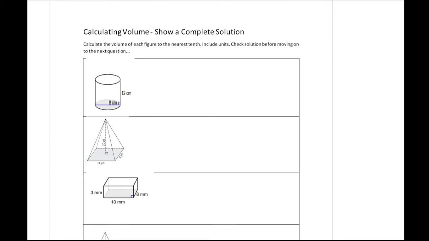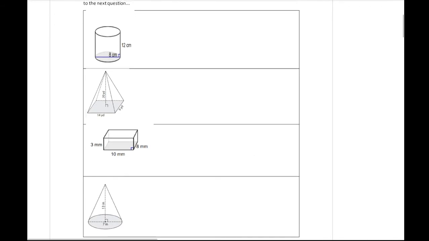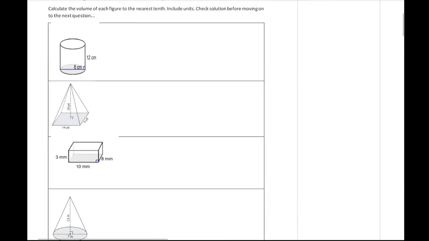So we're going to review making these calculations and getting comfortable with finding volume of certain objects. We are going to look at 4 different shapes here: a cylinder, a square-based pyramid, a rectangular prism, and a cone. We do have formulas for these, so you don't have to worry about trying to memorize these or come up with them.